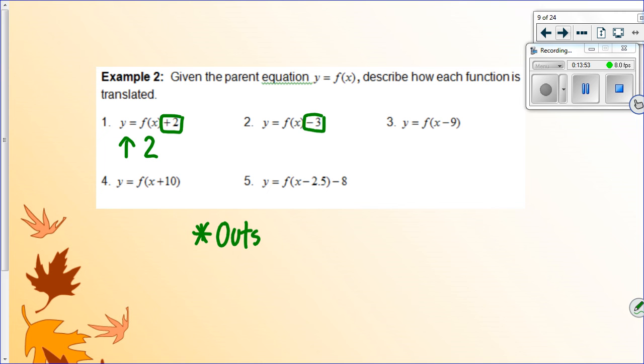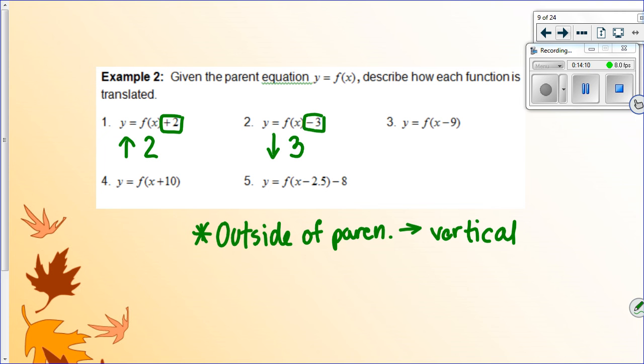Outside of the parentheses is vertical, which means inside of the parentheses is going to be horizontal. This is outside, and again, it's what we think. It's down 3. Here we have inside of the parentheses.